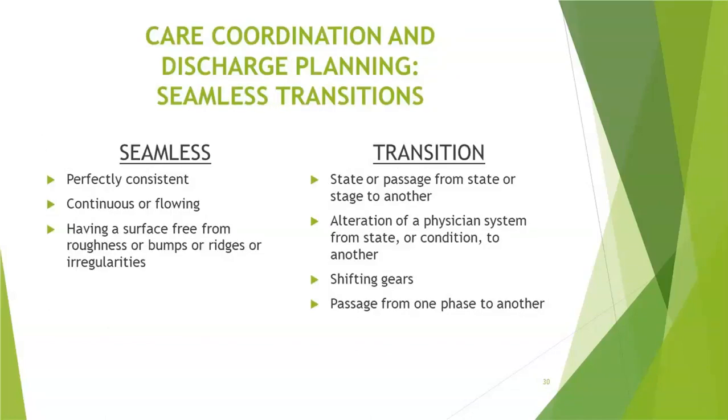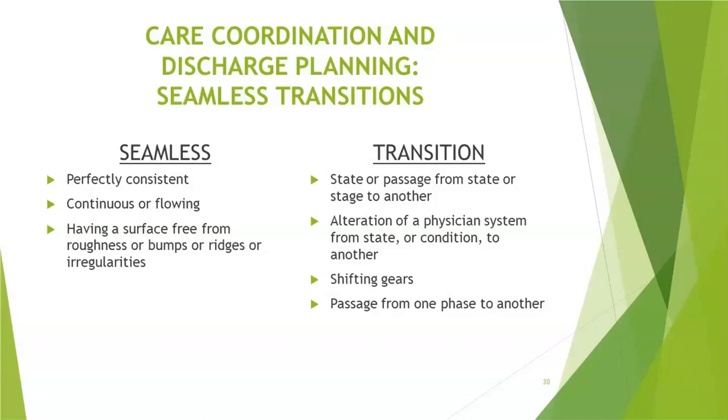We should see seamless transitions also for our patients. Seamless means perfectly consistent, continuous, or flowing, with no bumps or ridges or irregularities, and we should always be striving for that. And then the transition of our patients in terms of discharge planning, moving from one stage to another.